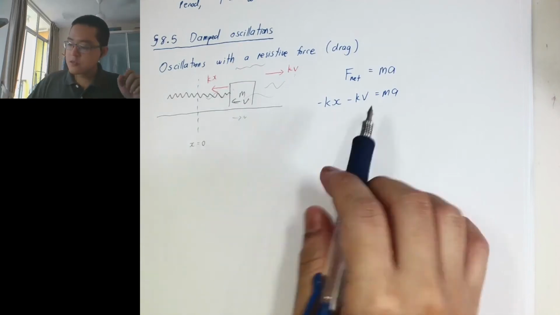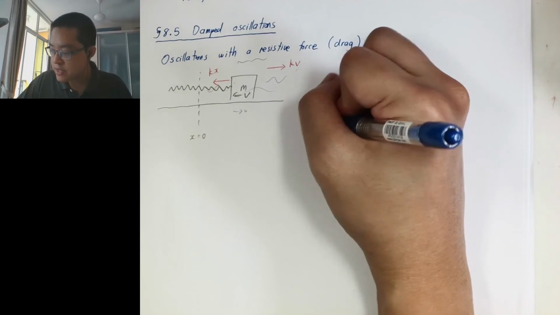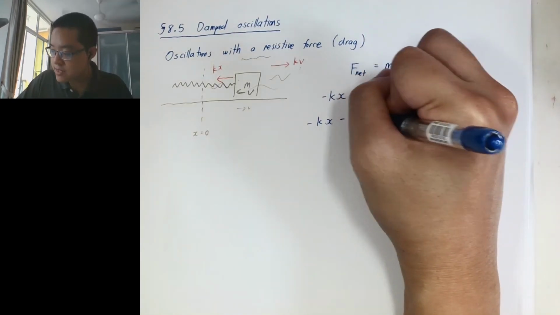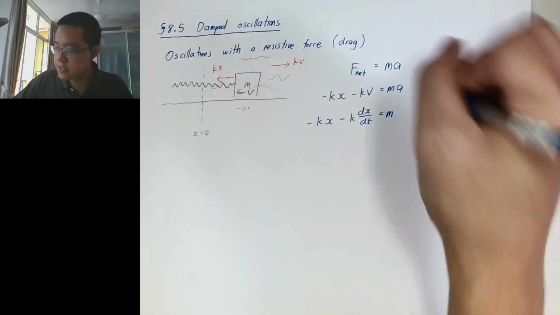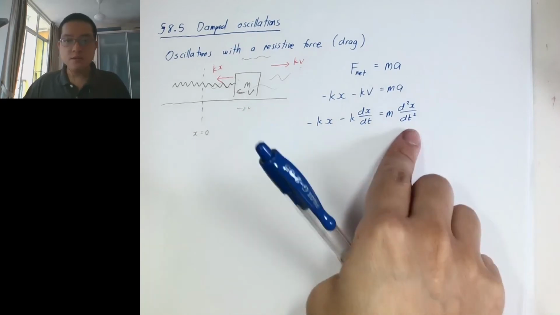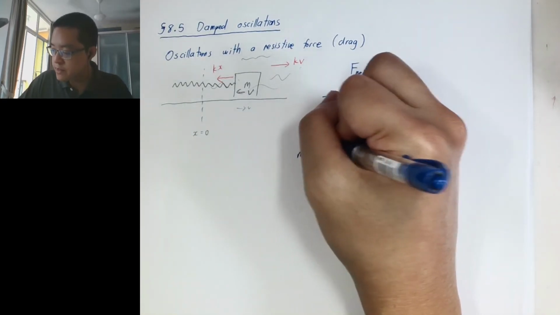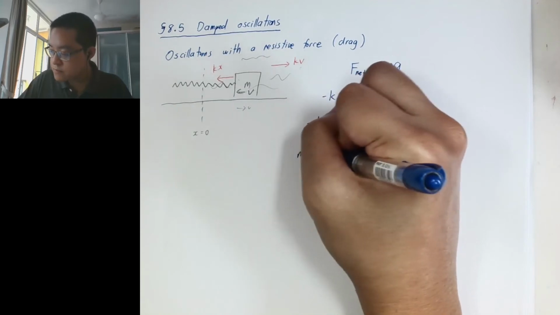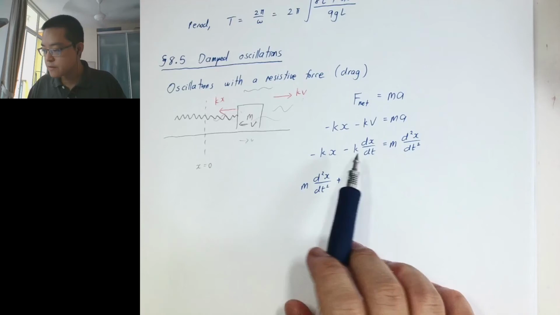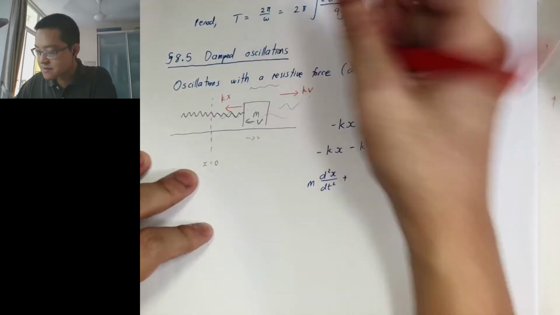Okay, so now let us express this as a differential equation. This is actually an equation for x, because my velocity is dx/dt, my acceleration is the second derivative of x over t. Okay, so let me rearrange everything. So I bring everything to be positive. So m d2x/dt squared plus, oh, hang on, I use k in two places. That's confusing, right?